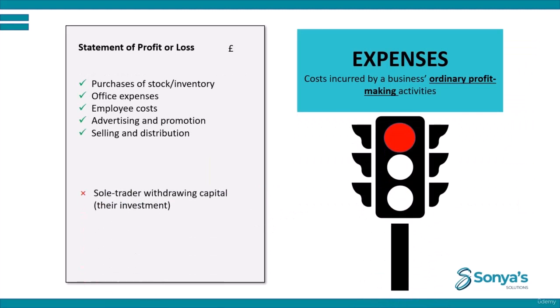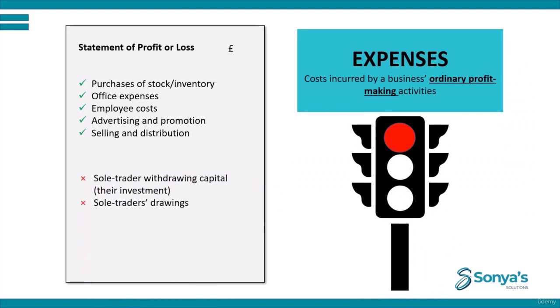Cash flows out of the business in other ways too, and again, to avoid bookkeeping errors, we need to be able to identify transactions that are not related to the business's ordinary, everyday profit-making activities, as they are accounted for differently. Examples are a sole trader withdrawing capital from their initial investment, or taking drawings.